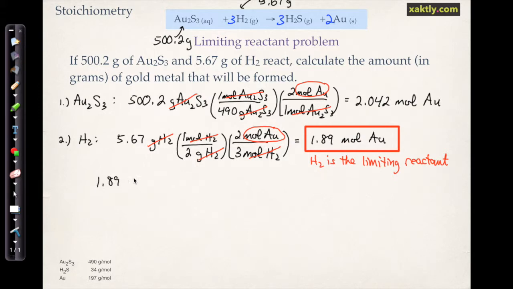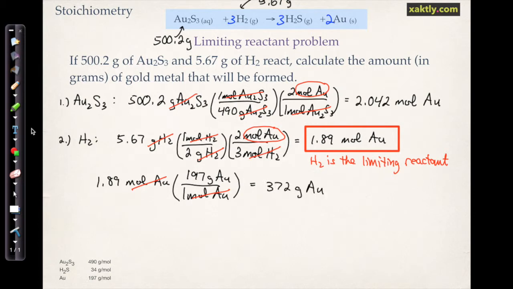Now, if we assume that all of the hydrogen gets converted in this reaction to liberate the gold, then we have 1.89 moles of gold, and 1 mole of gold is 197 grams per mole. So cancel those units, and we end up with 372 grams of gold that could possibly be produced in this reaction.